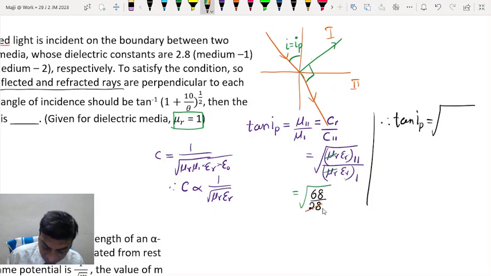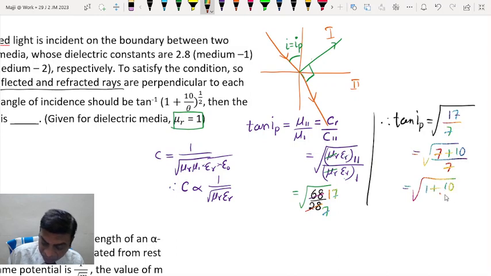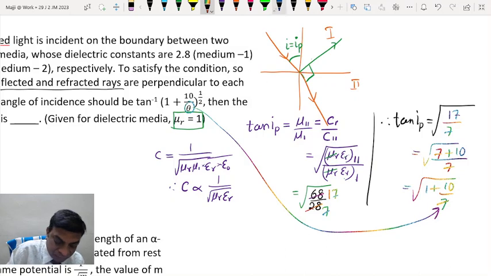Yes. 4 sevens are 28 and 4 seventeens are 68. So this is 17 by 7, which can be written as 7 plus 10 whole divided by 7, which is actually 1 plus 10 by 7. So this theta is nothing but 7. So 7 is the correct answer here.